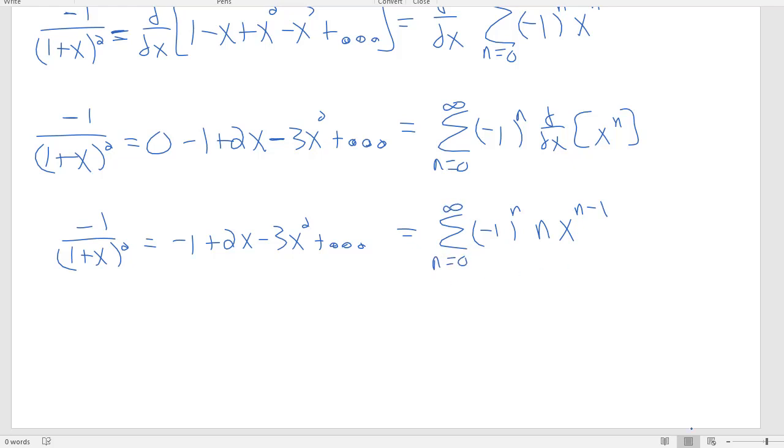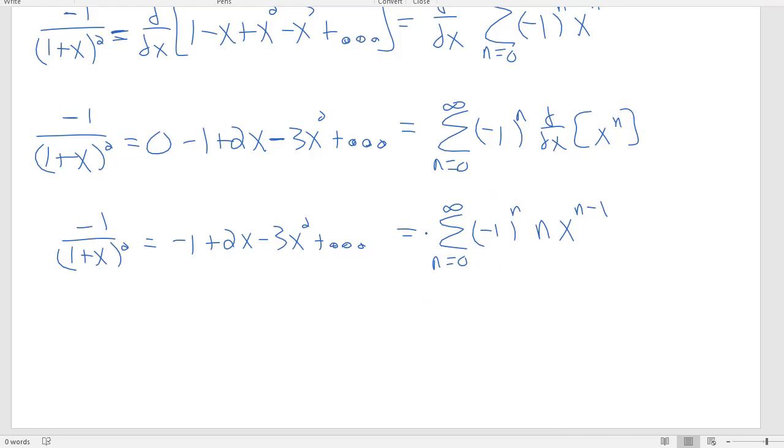And there's my derivative. So my function, negative 1 over 1 plus x squared, has this series representation. Negative 1 plus 2x minus 3x squared plus so on and so forth.